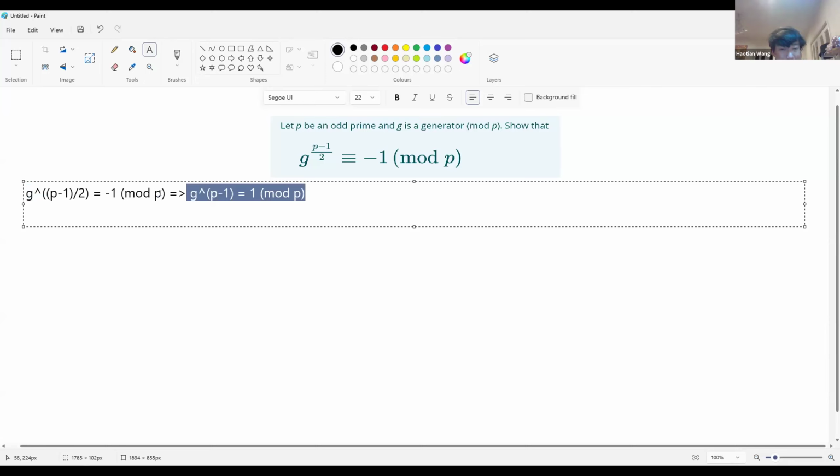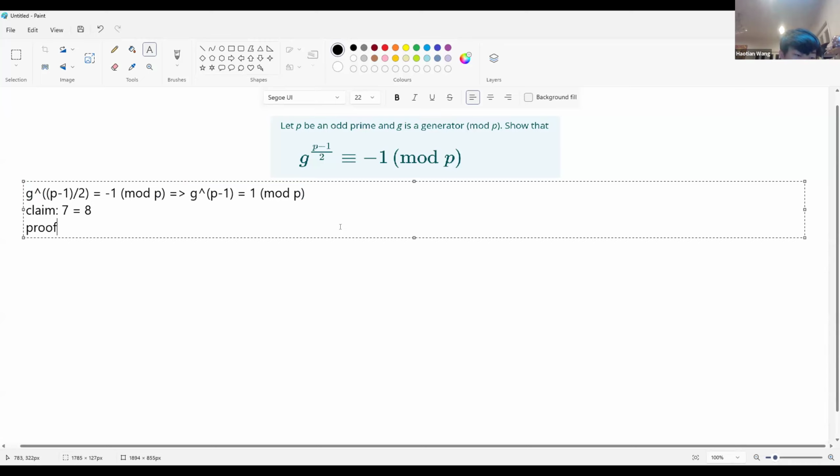However, nothing you've done is wrong. Everything in here is correct, but this doesn't prove the problem. For example, I could claim 7 equals 8, and then my proof is 0 times 7 equals 0 times 8, multiplying both sides by 0.